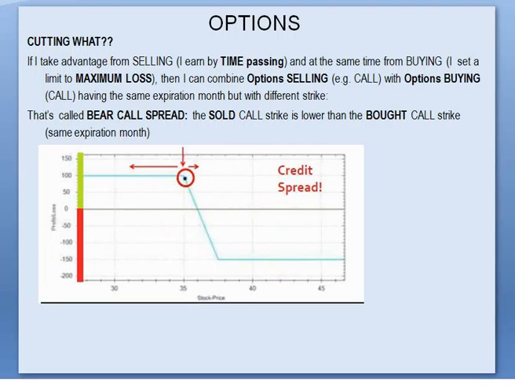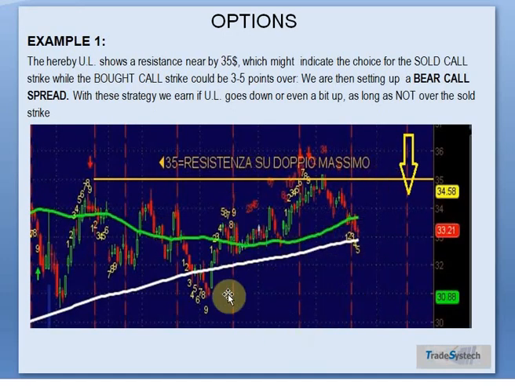So if we want to move to a very practical example, we might decide to analyze an underlying such as this one, where you see from a technical perspective a resistance around this level, 35. And I have, let's say, a bearish bias. In this case, I can easily create the vertical spread that we have just discussed, where the strike for the call that I sell might be somewhere here, 35.